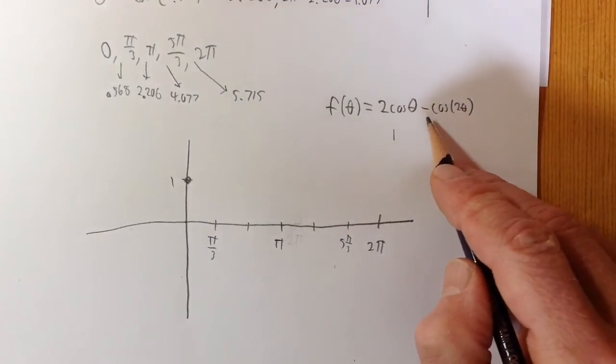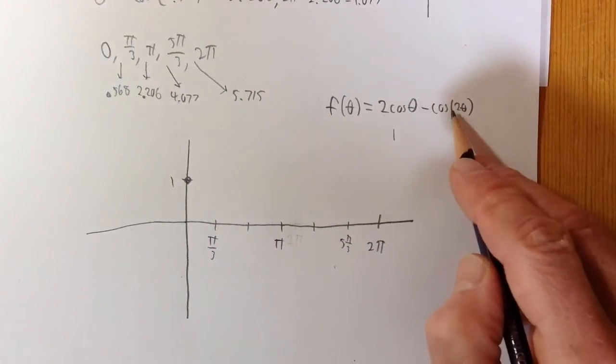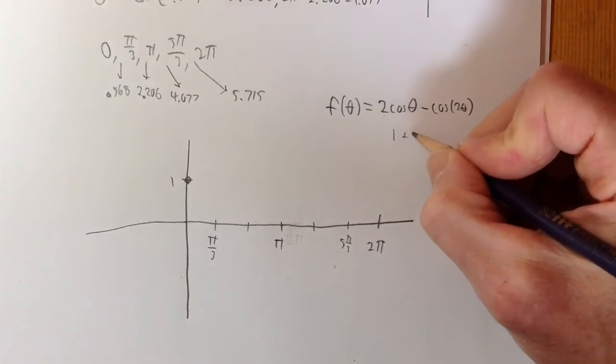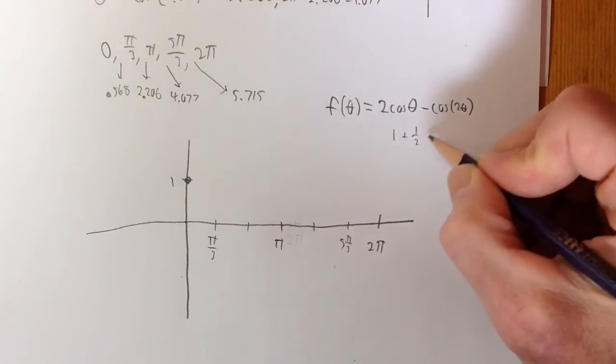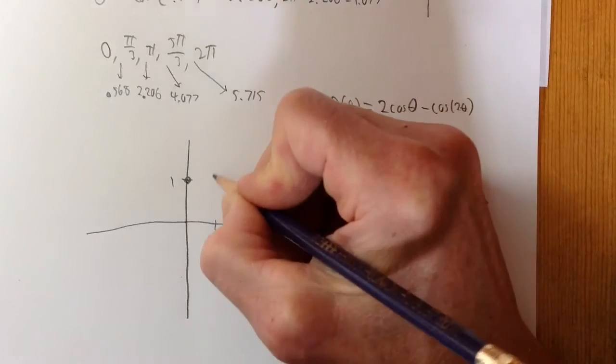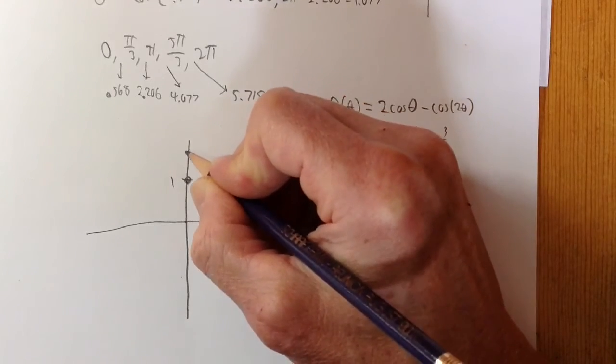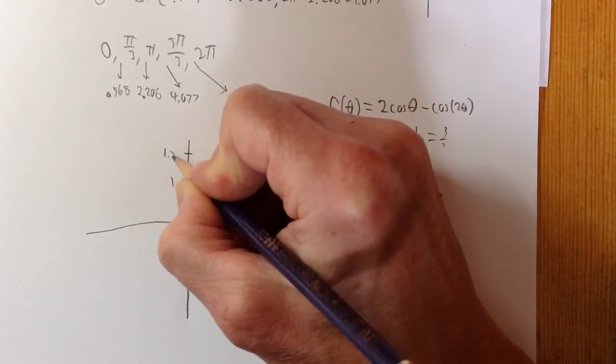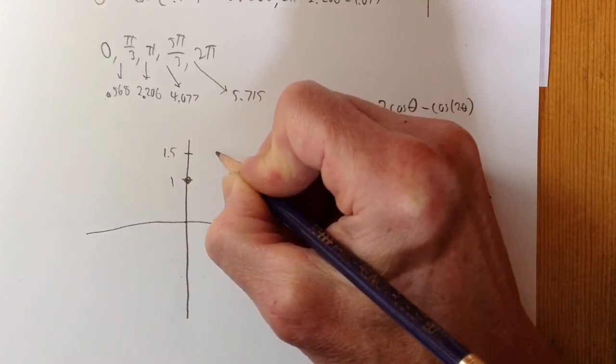So 1 minus negative 1/2 is 1 plus 1/2, so that would be 3/2. So at pi over 3, it's 1.5, so it goes up here.